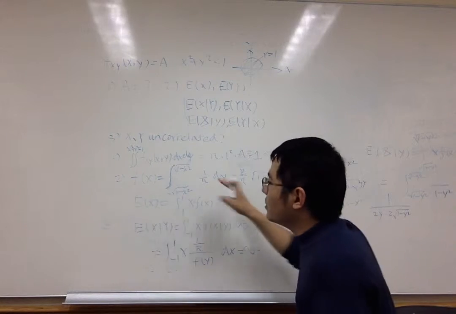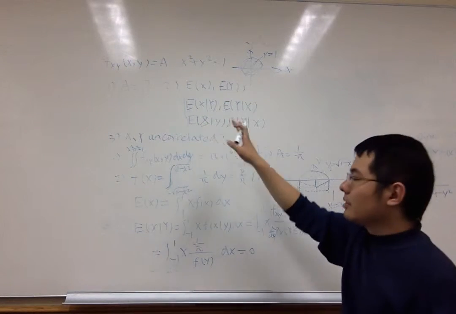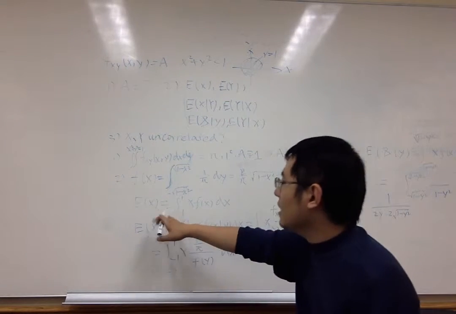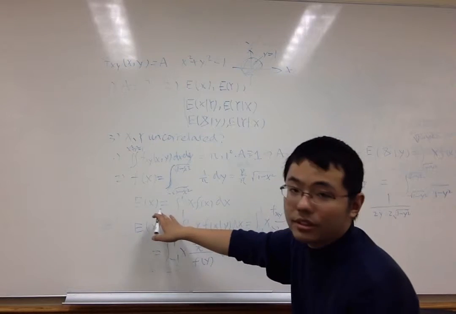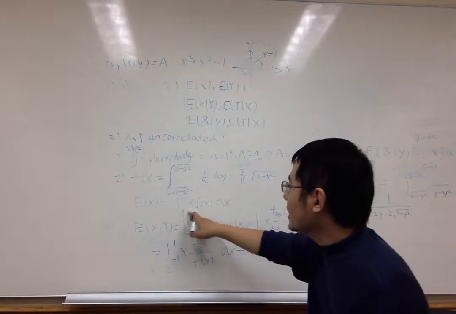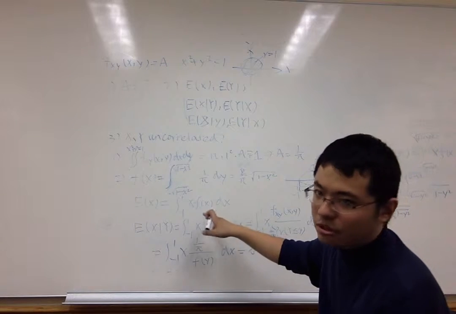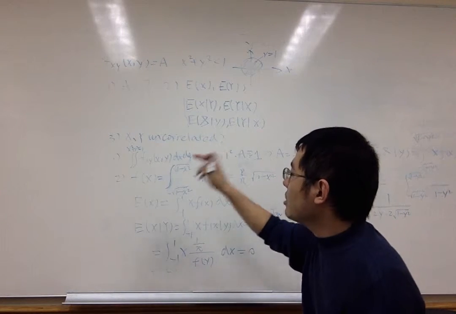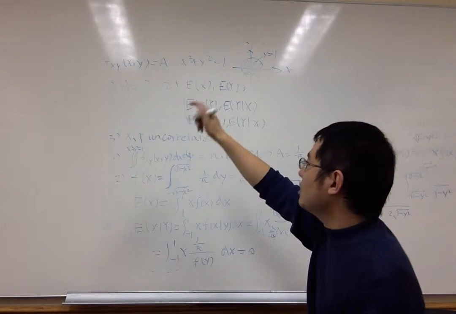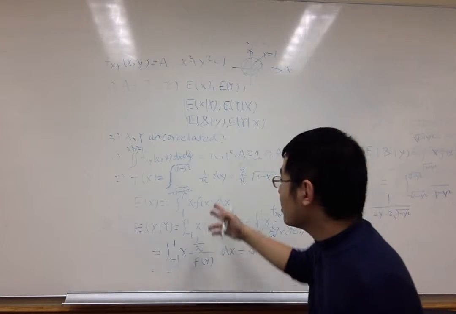So we first need to find the expectation of x. According to this definition, it is x multiplied by fx, its marginal distribution. We just do the integration on the joint density function.